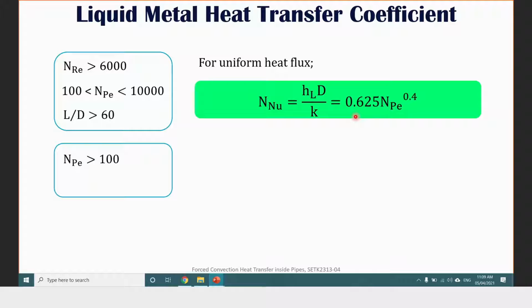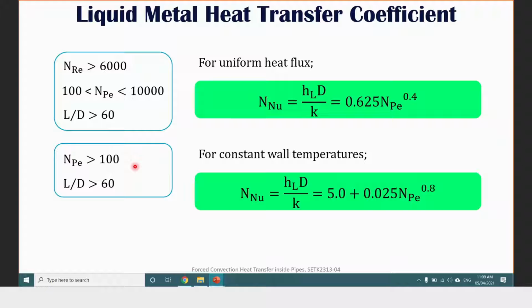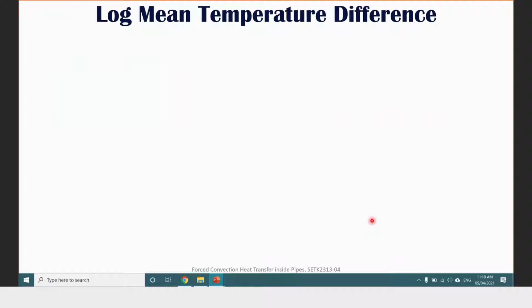If we have different conditions, where the Peclet number is more than 100 but the wall temperature is constant, meaning it doesn't change, we can use this formula to calculate. The Peclet number is simply the Reynolds number times the Prandtl number.